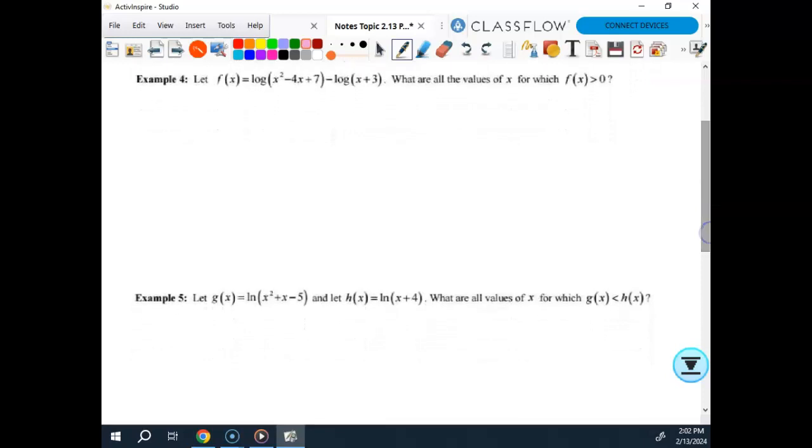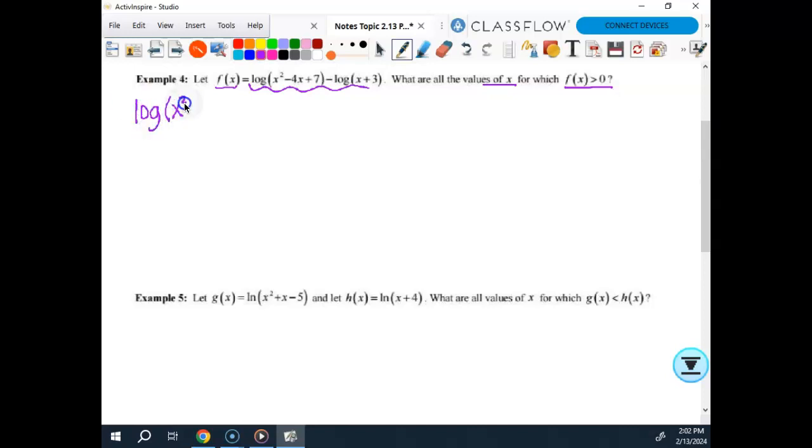So let's see what's going on here. We've got f of x equals this log. What are all the values of x for which f of x is greater than 0? All right, so then I need to make this a little inequality here.